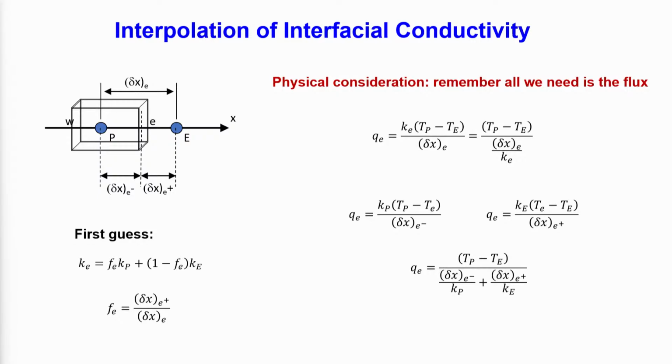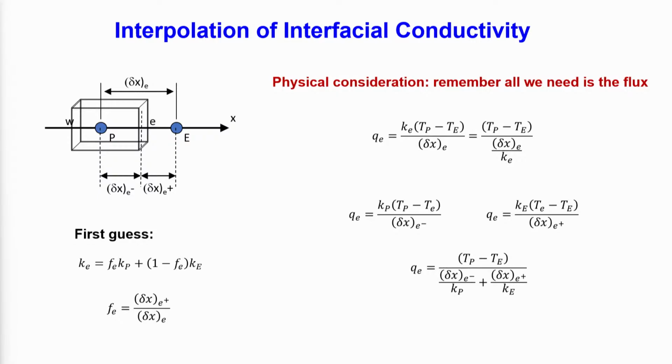So if you now equate all these, what you do simply is add the 2 together. So QE, if you add both the numerator and the denominator, you will get the last equation at the bottom. So whatever QE is the expression at the top should be the same as QE written at the bottom.